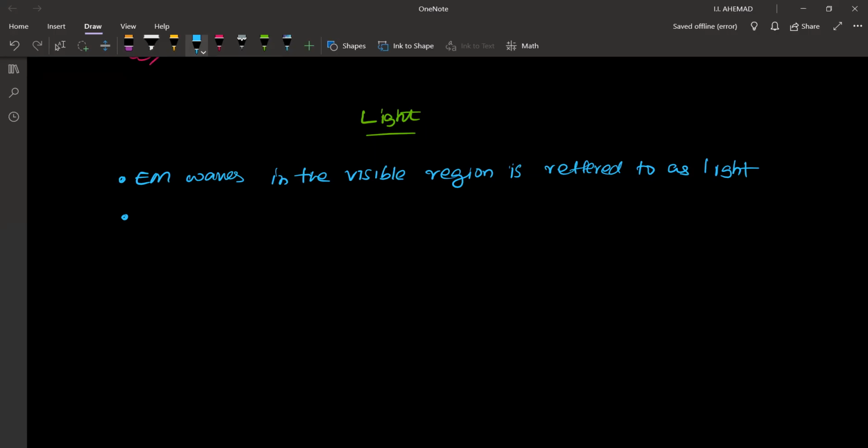Real thing, can we observe light? So the answer is interesting. We cannot see light.